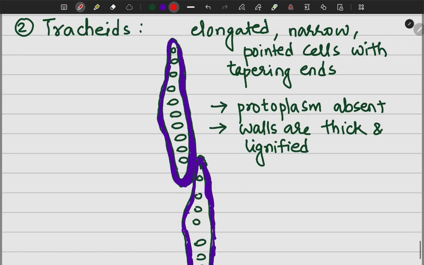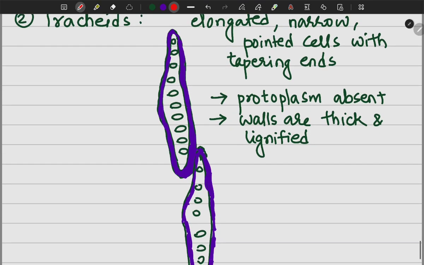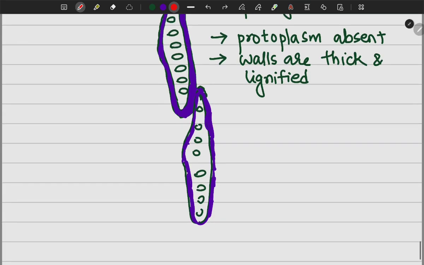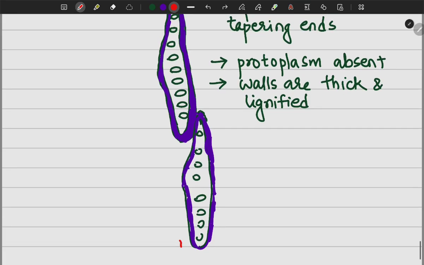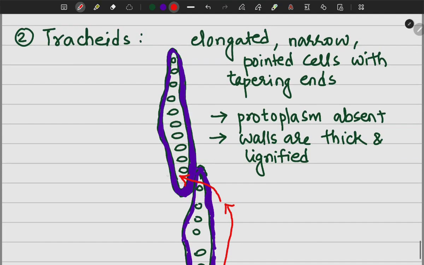And the water will be transported laterally like this. So the water is coming from here, or let us say the water is coming from the base, from here, then it will pass through this tracheid perforations like this laterally, and then it will move upward, and in the same way this tracheid will pass the water to the next tracheid above it.